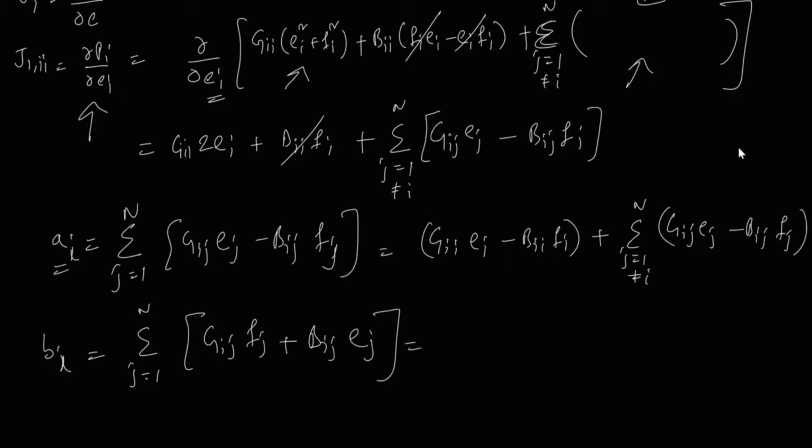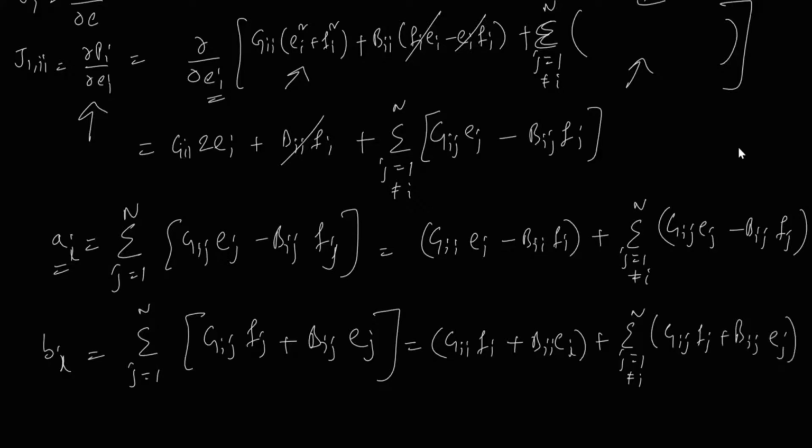Similarly Bi, if I write down: Gii Fi plus Bii Ei plus summation j equals 1 to n and j not equal to i, Gij Fj plus Bij Ej.